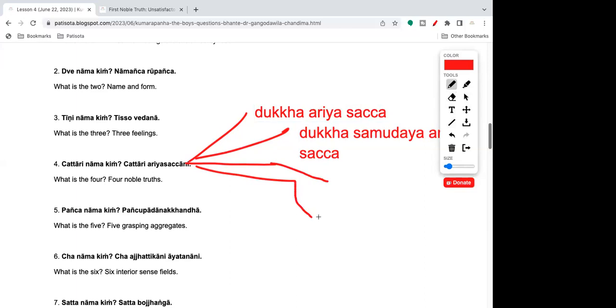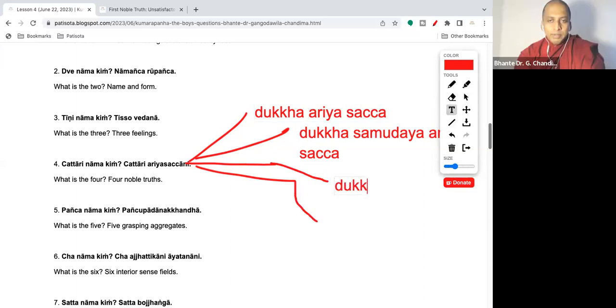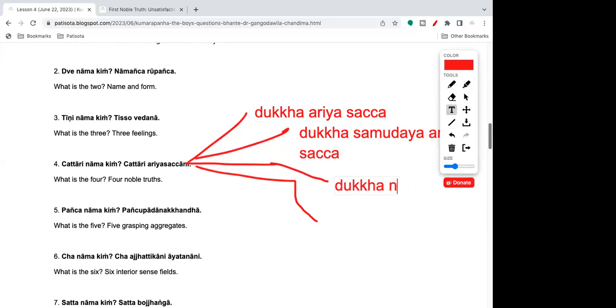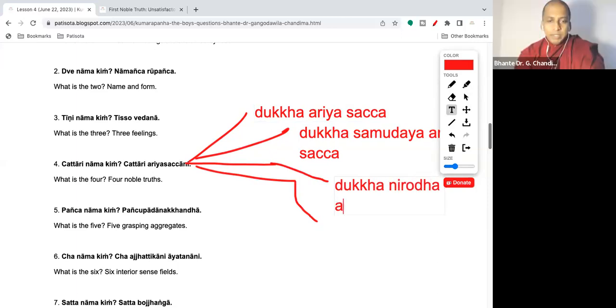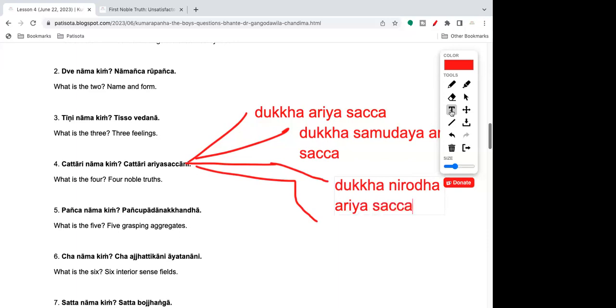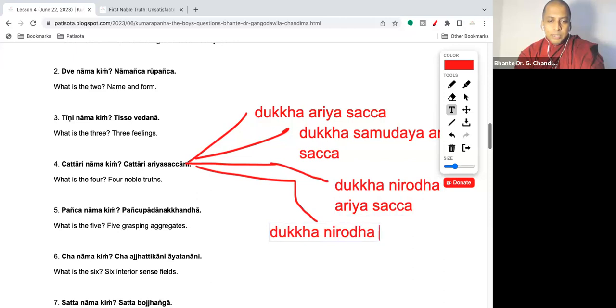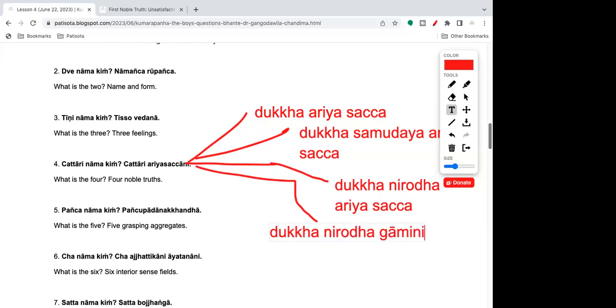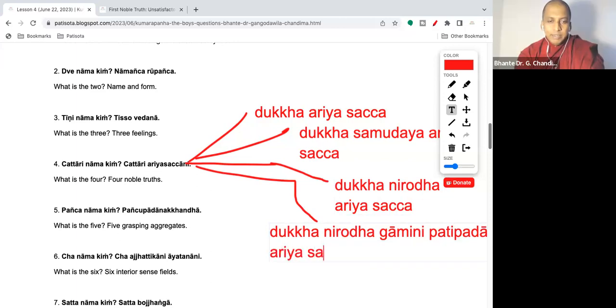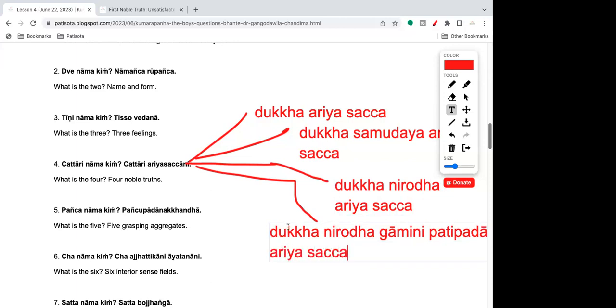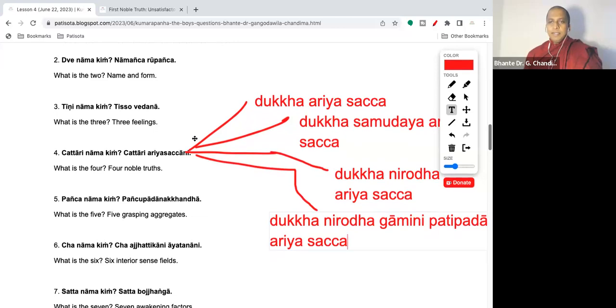Then Dukkha Nirodha Gamini Patipada Arya Satcha.